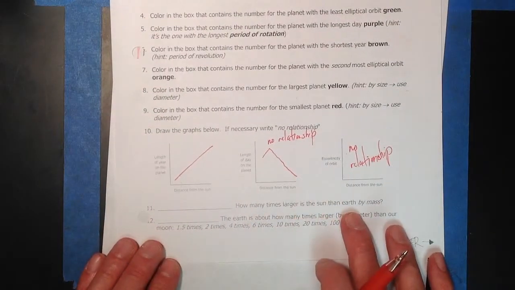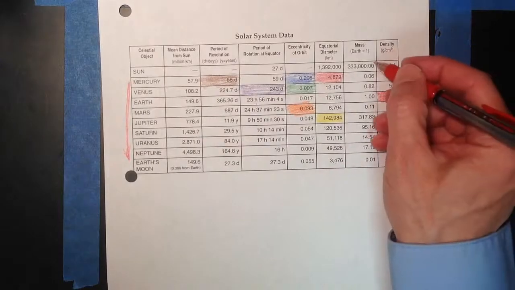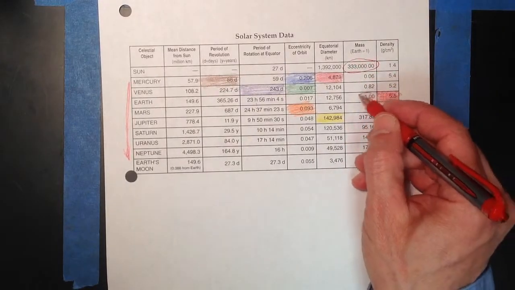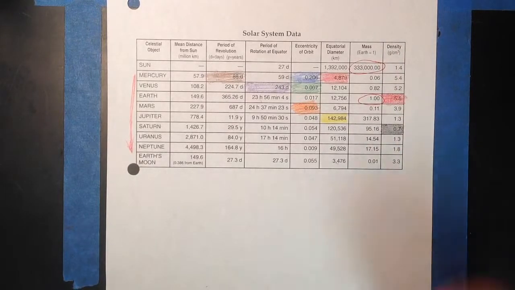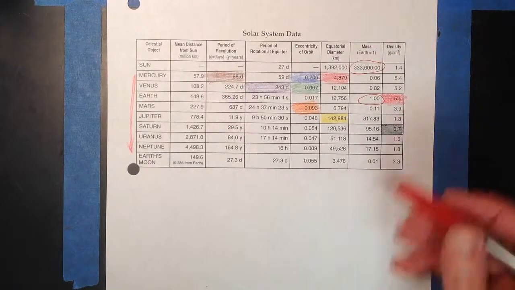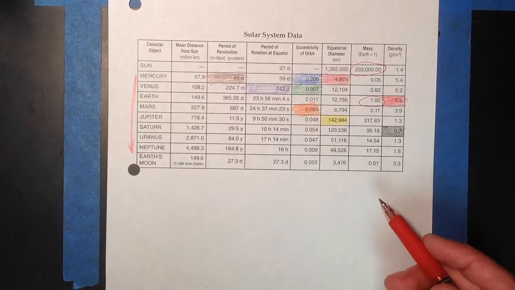How many times larger is the Sun than Earth by mass? How much bigger is the Sun than Earth by mass? Oh, look at this. What they did is they didn't give the actual weight in pounds or kilograms because that would be crazy. They said, let's make Earth 1 and compare everything to Earth.